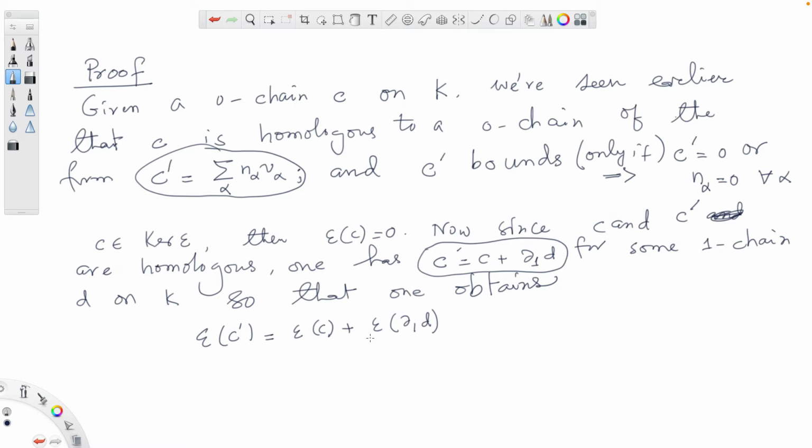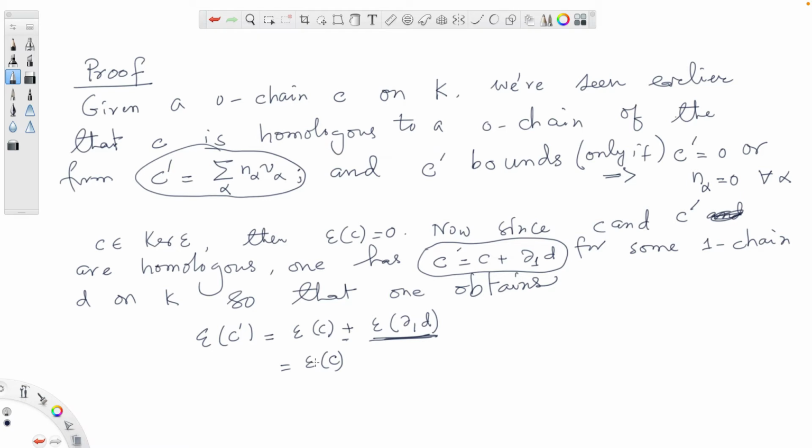Since Z is the additive group of integers, right? That's why we have an addition here. All right. So now, since this guy vanishes, we have mentioned it many times earlier that the augmentation map of such a boundary term is zero. So this is epsilon of c.